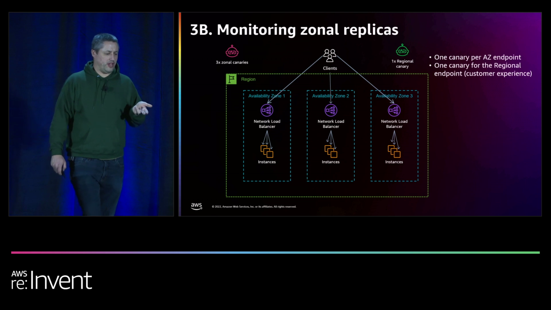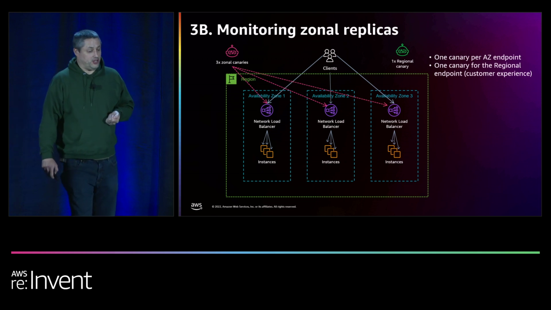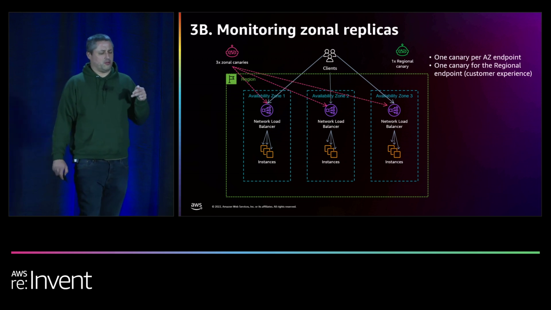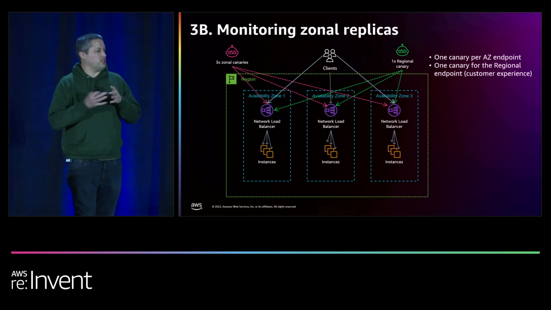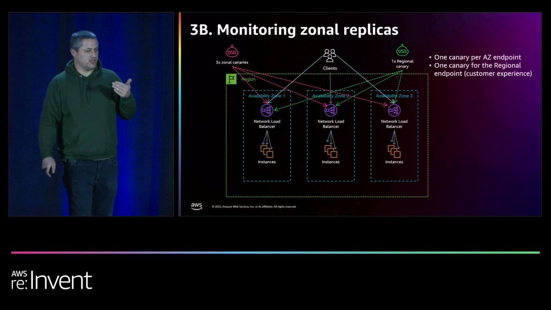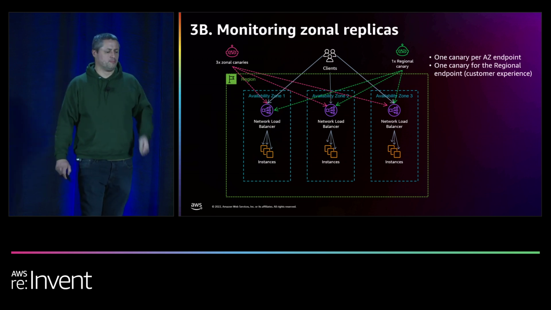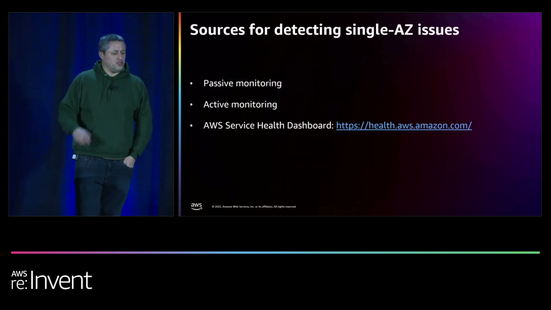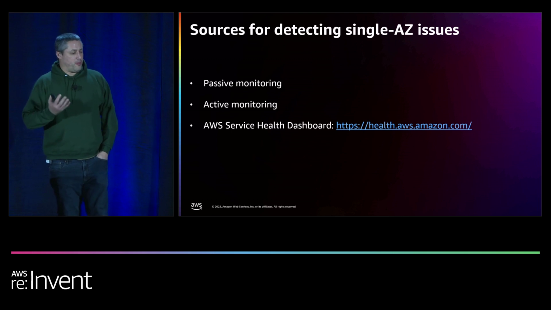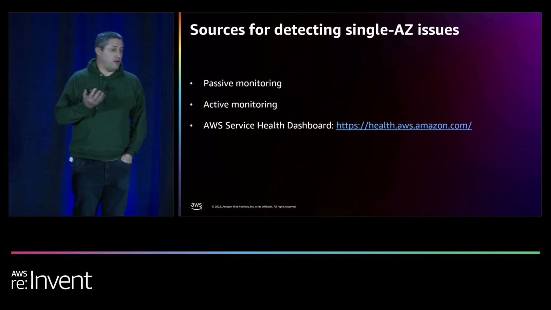So looking at our architecture, what we're going to do is set up a CloudWatch Synthetic running individually against each AZ. And because we want to understand the customer experience, I'm going to set a fourth one up which just does what customers do, hit the AZs at random, so that we know what the customer experience looks like. So now, at this point, we have 3 different ways to potentially see a problem in an AZ.